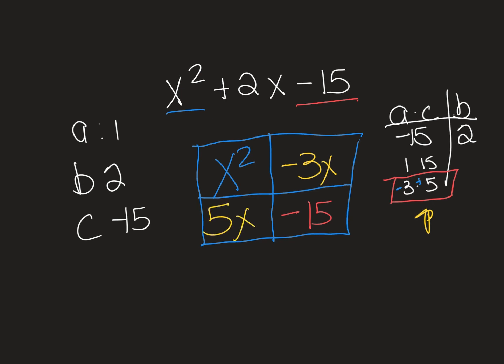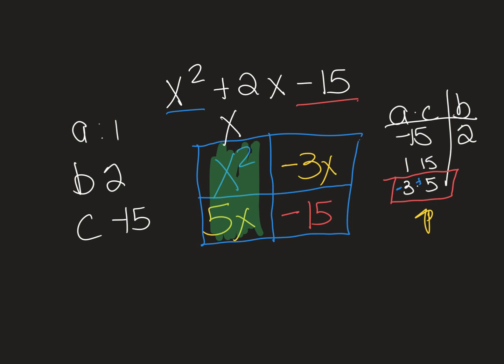Now that I have them all in my box, I'm going to start with my columns first. So this column right here, what are the two factors of that column? Is there anything that I can factor out? Well, the only thing that that column has in common is an x.